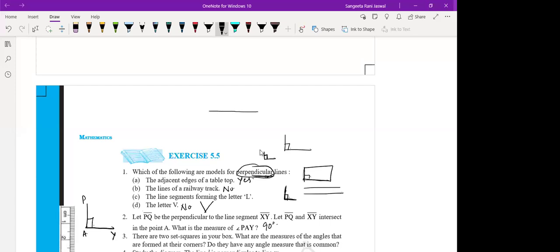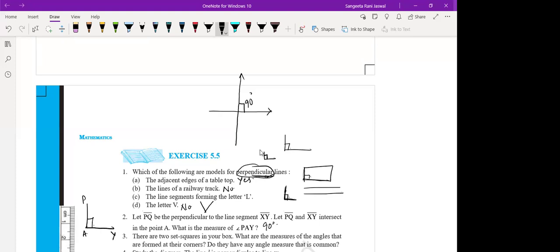Perpendicular lines are lines which intersect each other and make an angle of 90 degrees. Now suppose I have this horizontal line and I take another vertical straight line which intersects this line. The vertical line is cutting this horizontal line and making an angle of 90 degrees here. When it makes 90 degrees, that time we call them perpendicular lines.